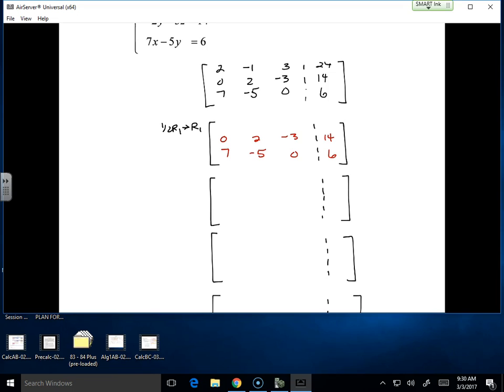Check your very first one filling in. Those 2 and 3 should have stayed the same. Half of row 1: half of 2 is 1, half of 1 is, oh no, it's a fraction, 1/2. Half of 3 is 3/2, half of 24 is 12. Nope, just 1/2, right?